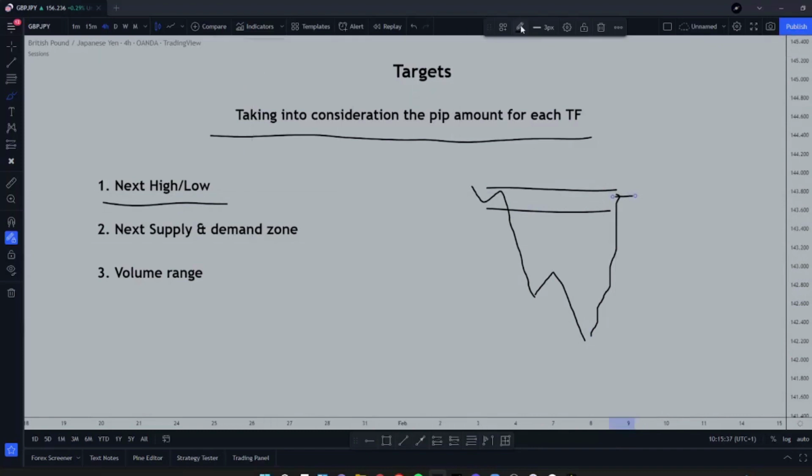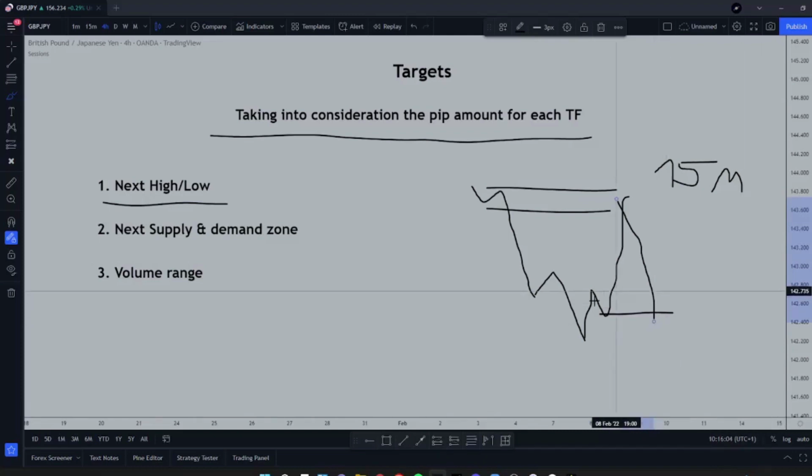Well, actually I didn't draw it properly. Maybe I should draw something like this. Okay, and let's say this is a 15-minute zone. So we know that we have to look for 30 to 50 pips. So maybe if we target this low, let's say this is a 40 pip move.